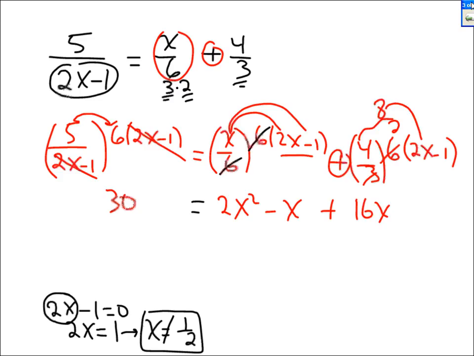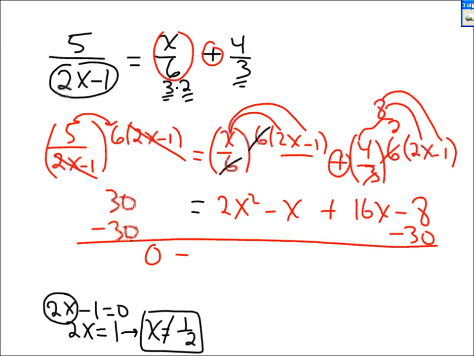You get 16x minus 8. And then you take away 30 from both sides, come underneath the numbers. The left side is 0, the right side is 2x squared, minus 1x plus 16x's is plus 15x's minus 38.